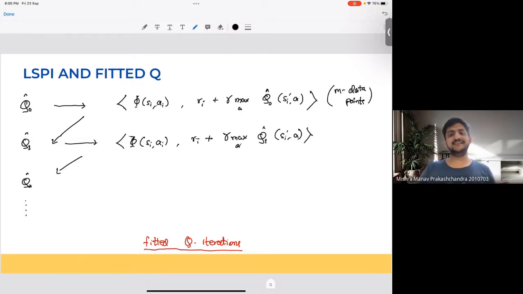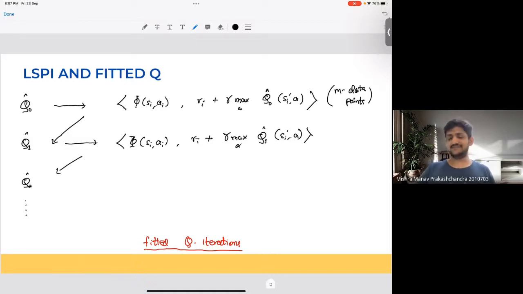Once you have generated these many data points, you use Q learning and get a new estimate. So basically, you're using this data to estimate the target, and then you're typically extending your Q learning to this method.